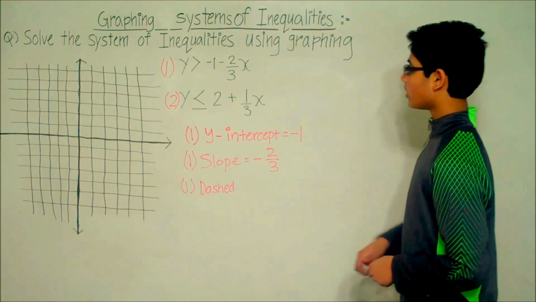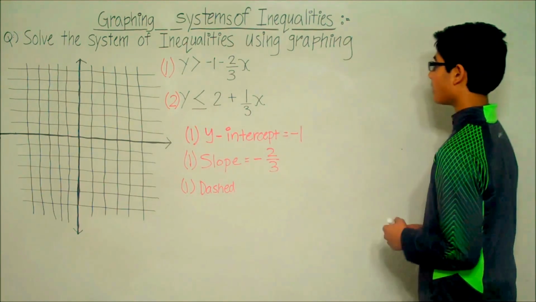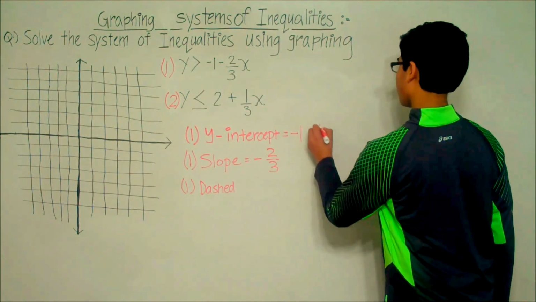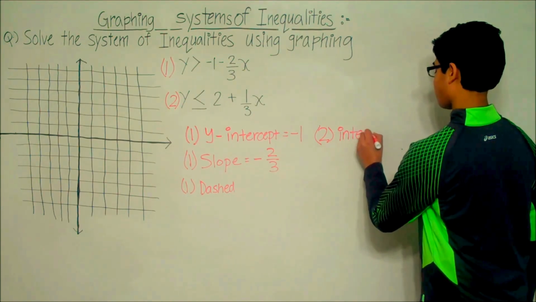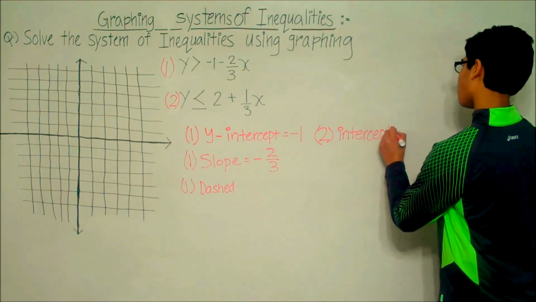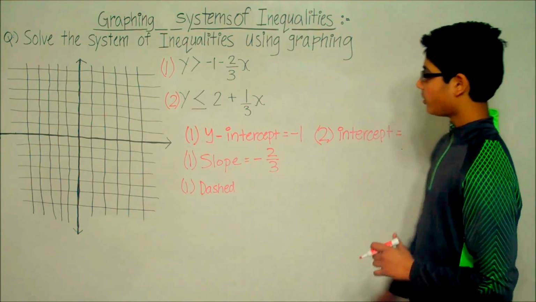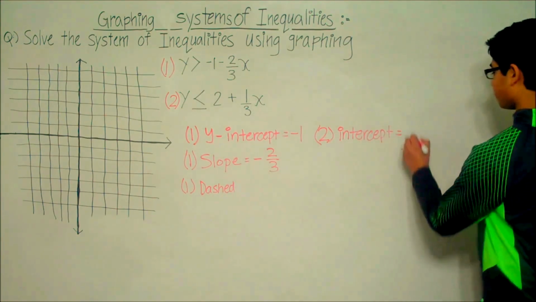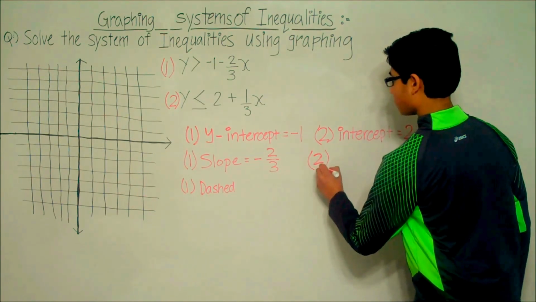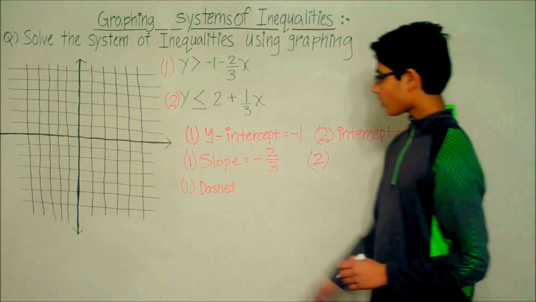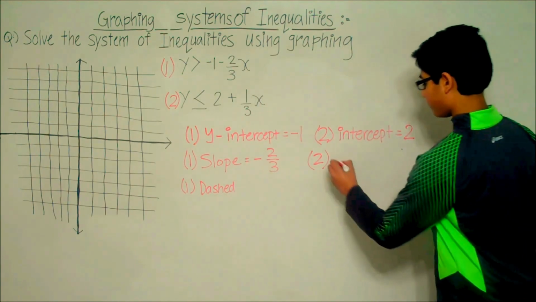Now let's move on to inequality 2. In inequality 2, the y-intercept is equal to 2. And in inequality 2, the slope is 1/3.